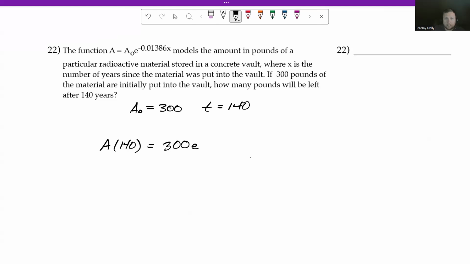So that's 300 times e to the negative 0.01386 times 140.